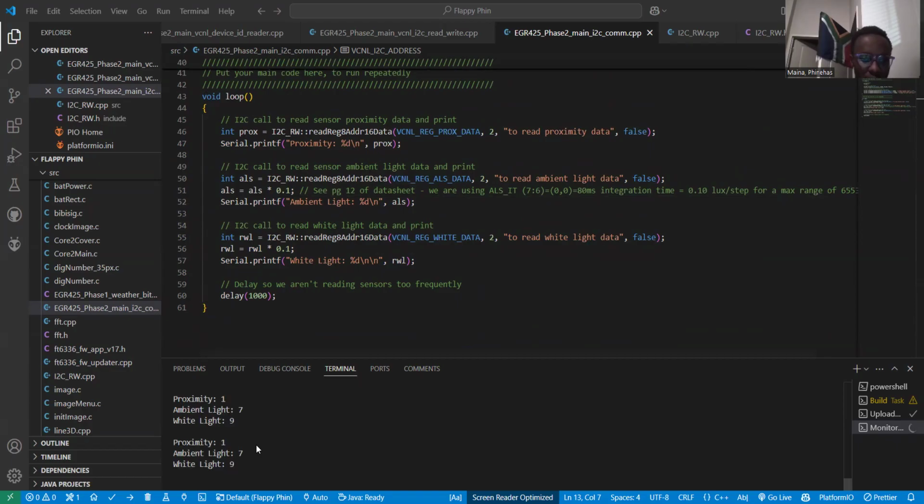The ambient light is at 79, and since we use this resolution setting, it can go up to a max of 6,553. Let me grab some white light. I'll be back.